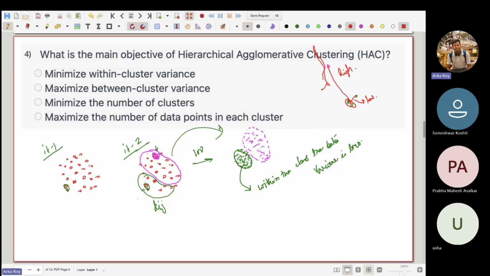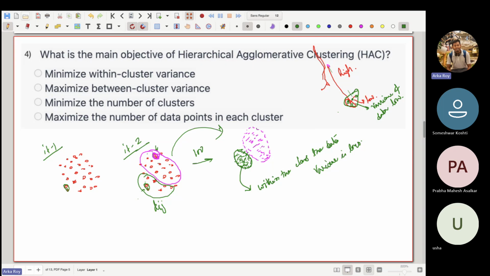And because the distance is low, in iteration 2 you will club all these three together. You will not club this one with this particular cluster, because now the centroid is this one, and again the value is quite high. So you can understand that within a cluster, the variance of the data is low.